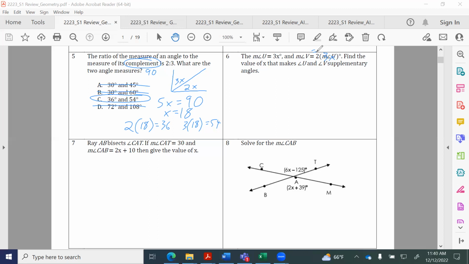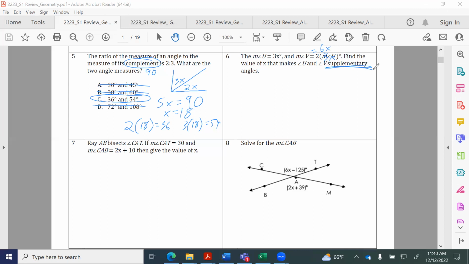All right, so on number 6, that's 3x. If I plug 3x in here, then b is actually going to be 2 times 3x, which is 6x. So I got 3x and 6x. They told me that U and V are supplementary. What's supplementary mean? 180.